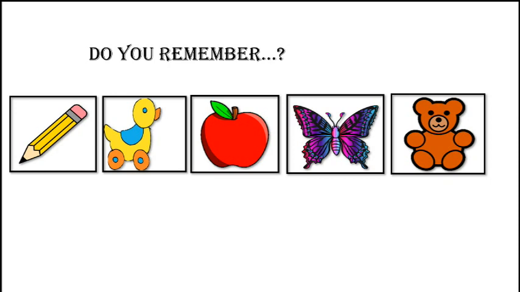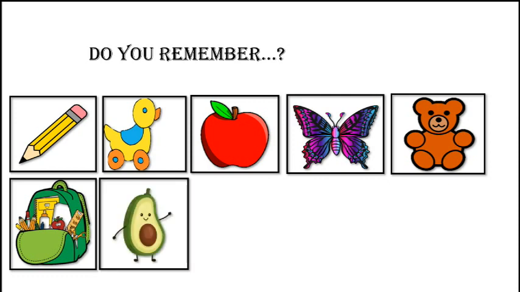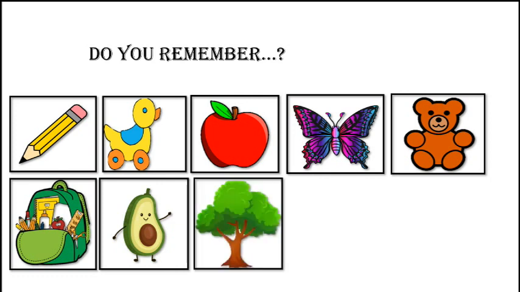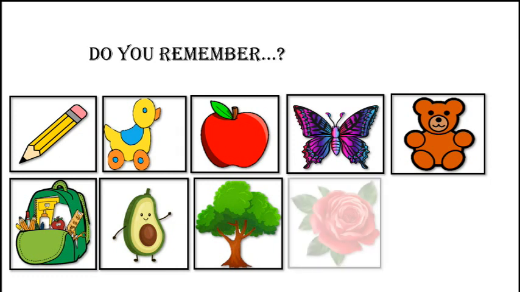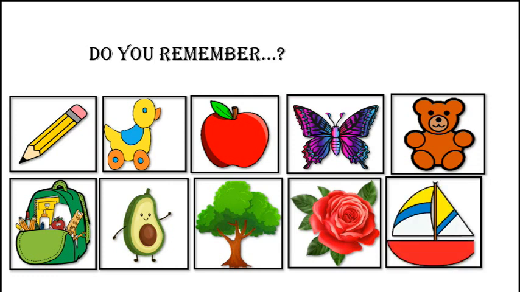Now tell me what's on the sixth picture. A school bag. Very good. Seventh, an avocado. So, can you tell me what's next? A tree. Okay, then a beautiful rose. Very good. And the last? A sailboat. Great, you have arranged the pictures perfectly.